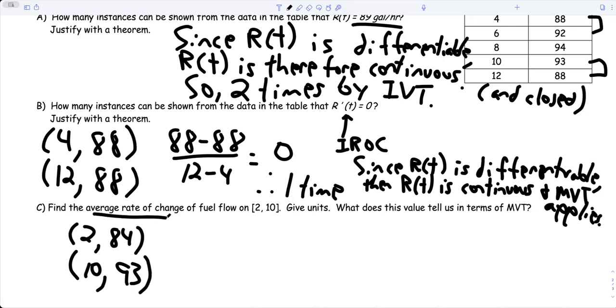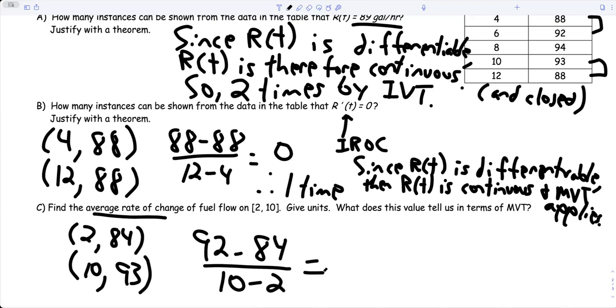It says find the AROC. So I've got 92 minus 84 over 10 minus 2. All right, let's do some quick little math. That's going to be 9 over 8.